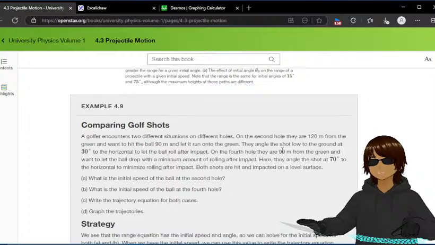They angle the shot low to the ground at 30 degrees to the horizontal to let the ball roll after impact. On the fourth hole, they are 90 meters from the green and want to let the ball drop with a minimum amount of rolling after impact. They angle the shot at 70 degrees to the horizontal to minimize the rolling after impact. Both shots are hit and impacted on a level surface.